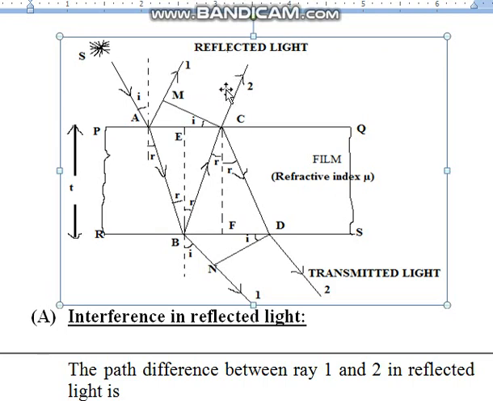In order to obtain the path difference, we draw a normal CM from C to point M. Beyond M and C, the two rays are parallel to each other, so there is no path difference after M and C. The path difference is before. So the path difference between 1 and 2 is AB plus BC minus AM.